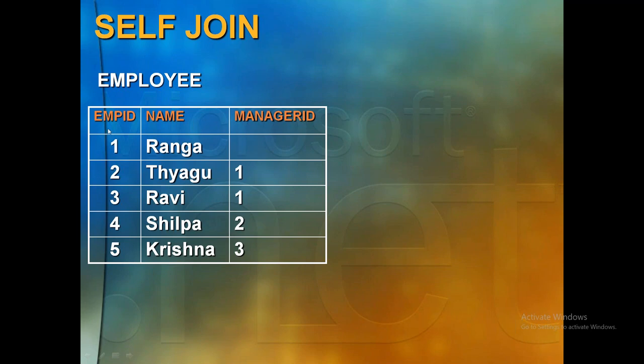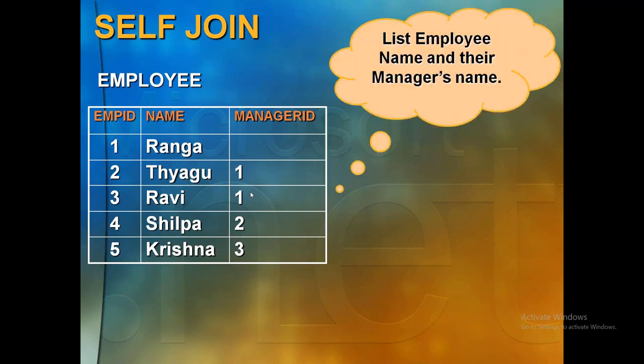The foreign key is linking to the same table, right? So this is a self-referential table. Clear? So now I wanted to know the list of employee names and their manager's names. So this is my query. I can get the employee name here, but there is no boss name or manager name.